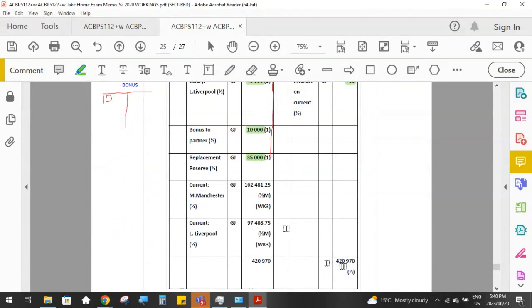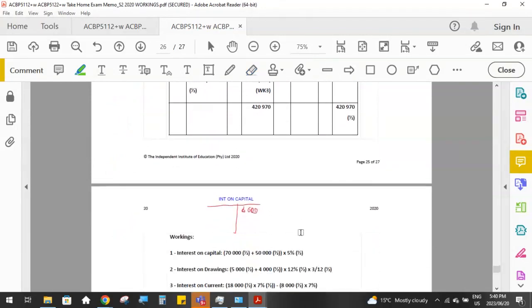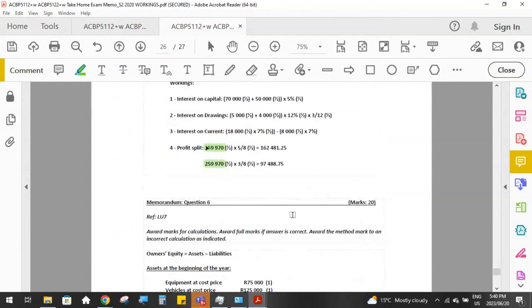So for 2970 from your credit side of the appropriations account, minus everything on the debit side, that will give you the balance of 259,970, which is the amount of profit that's remaining that must now be split between the two partners.